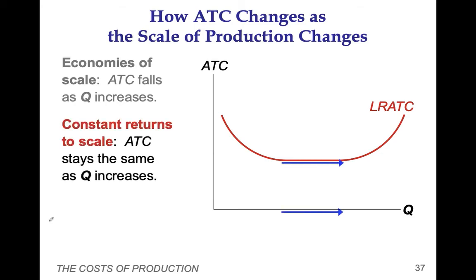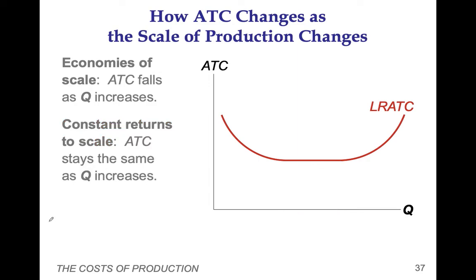Then the average total cost becomes constant as the quantity produced increases, and we call this phase the phase of constant returns to scale.